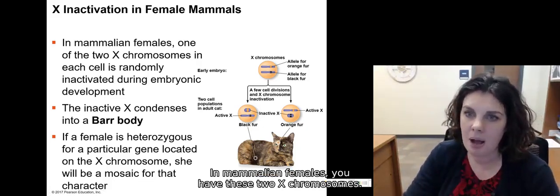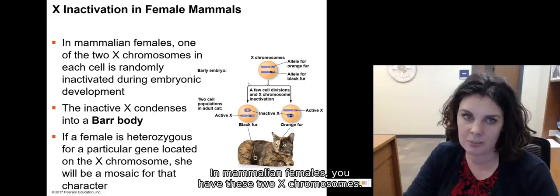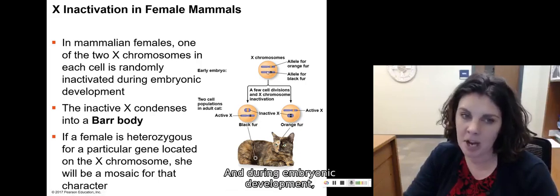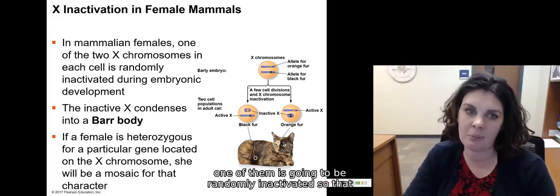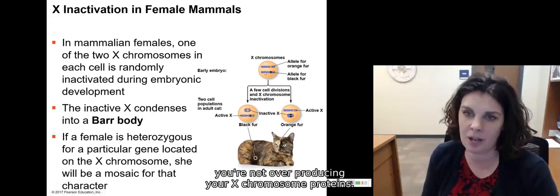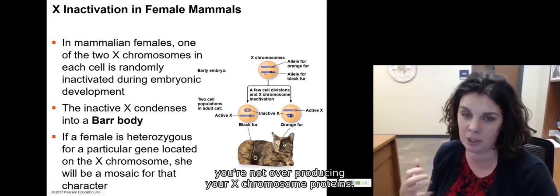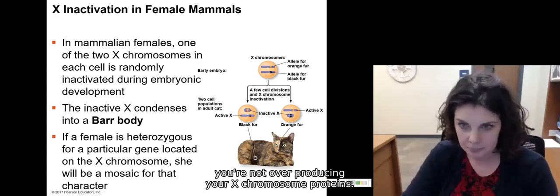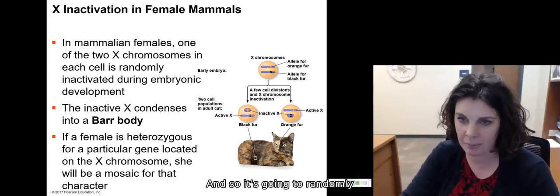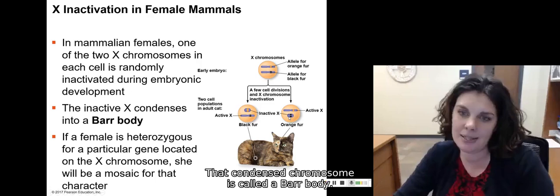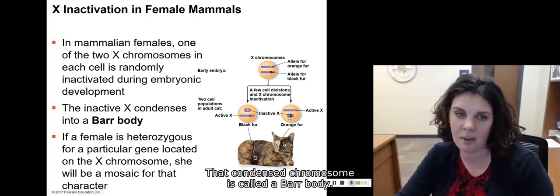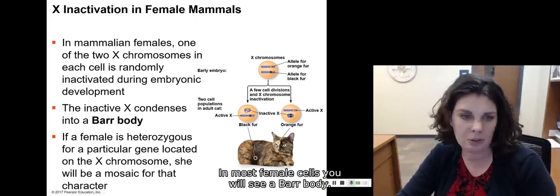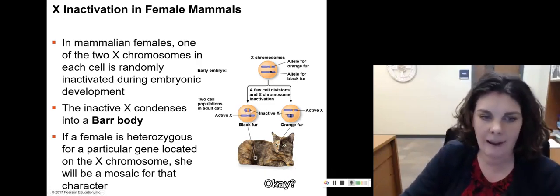So in mammalian females, you have these two X chromosomes, and during embryonic development, one of them is going to be randomly inactivated so that you're not overproducing your X chromosome proteins. And so it's going to randomly inactivate and condense down. That condensed chromosome is called a Barr body. And so in most female cells, you will see a Barr body.